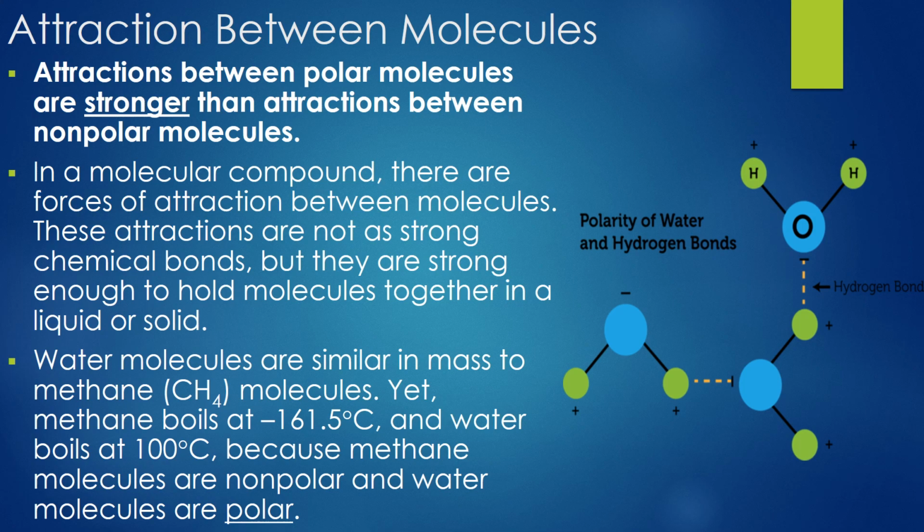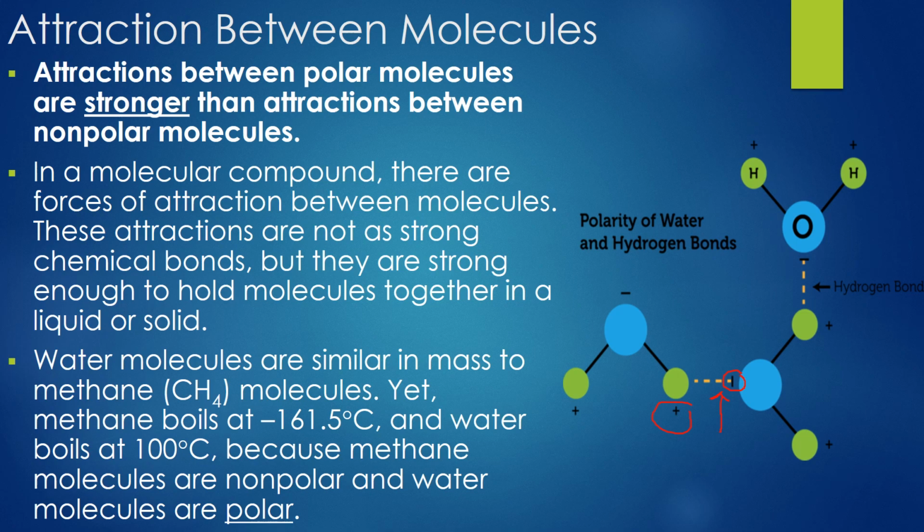Like I said, this dashed line just represents those partial attractions between the partially positive hydrogen and the partially negative oxygen, and that's why water sticks, and that's why water has the boiling point that it does, and lots of things. There is a stronger attraction between the actual molecules.